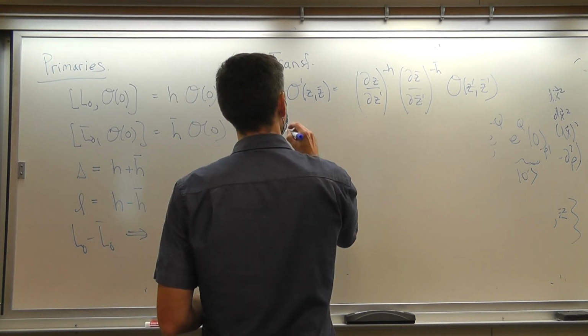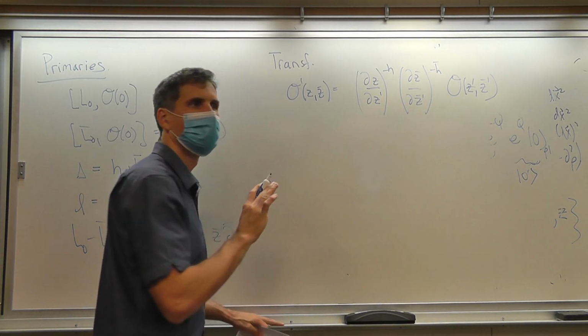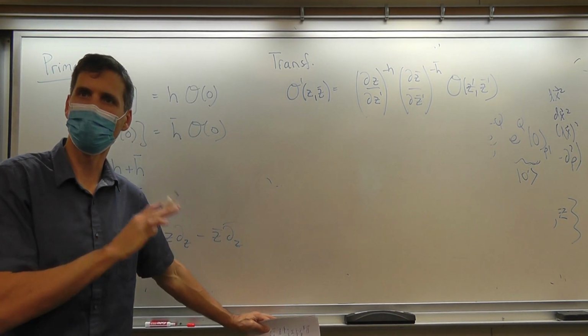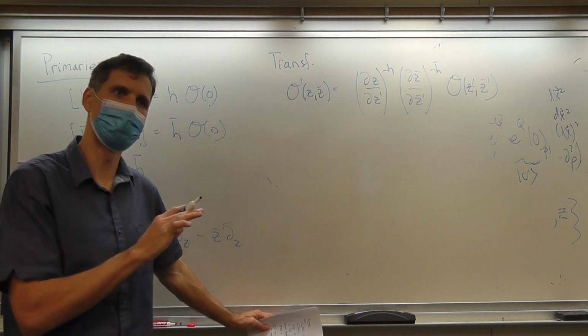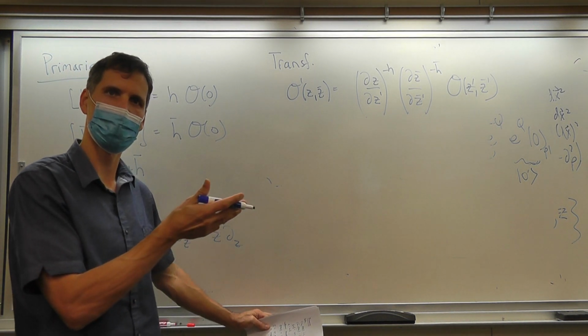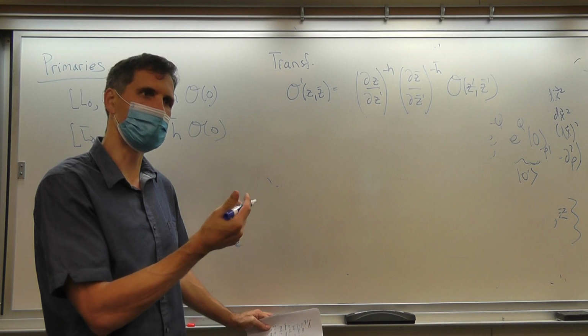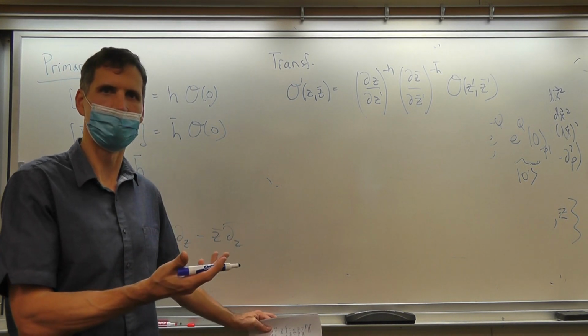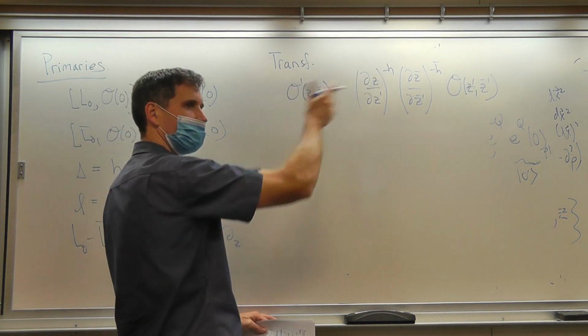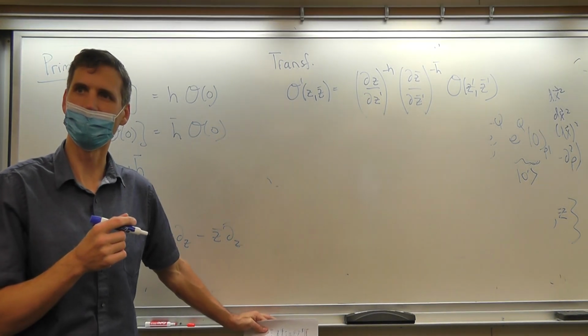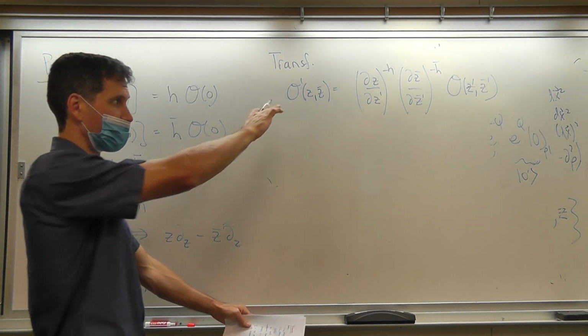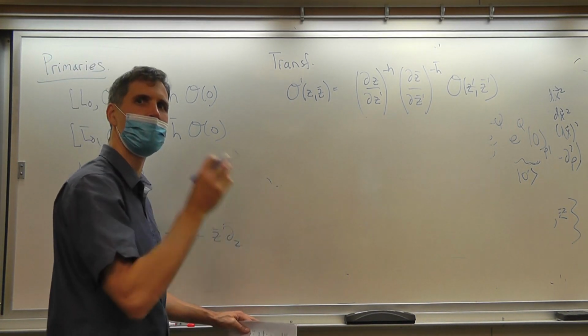An important point is that this is the transformation law for a primary of weights h, h bar. Another important point is that the stress tensor is not primary. The stress tensor had this crazy Schwarzian derivative. It was just like this plus the Schwarzian derivative.